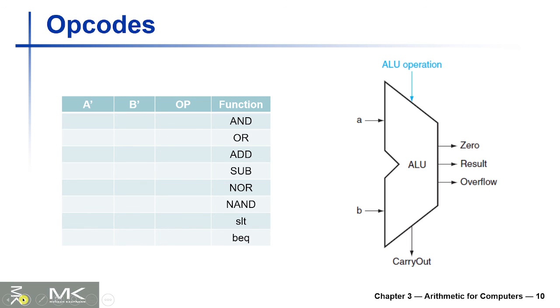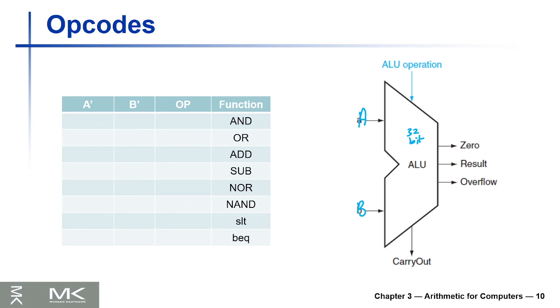Finally, let's now explore the opcodes of all these operations together. Of course, we have 3 inputs for this ALU unit. This is now the symbol for a 32-bit ALU unit. It has 2 inputs, A capital, B capital.